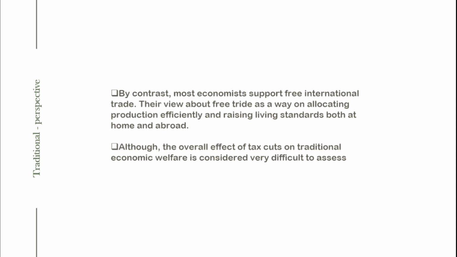By contrast, most economists support free international trade. They view free trade as a way of allocating production efficiently and raising living standards both at home and abroad. Although the overall effect of tax cuts on traditional economic welfare is considered very difficult to assess.